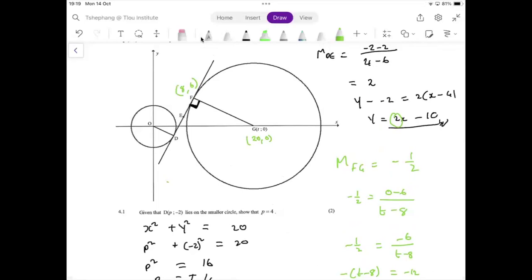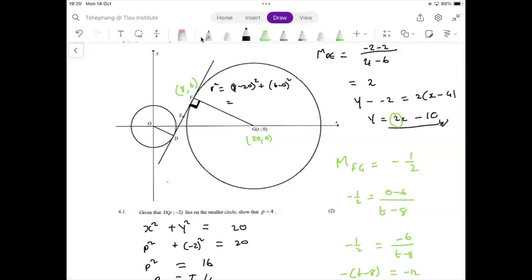So the radius R is equal to the square root. Let me use R squared, because in any case, it will be squared on the question. So R squared is equal to 8 minus 20 all squared plus 6 minus 0 all squared.